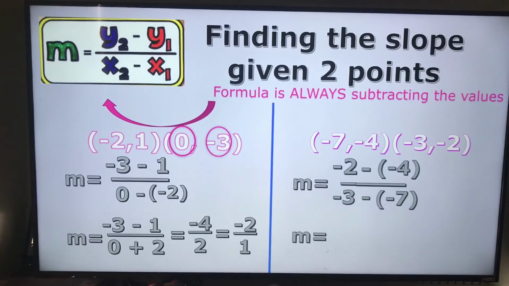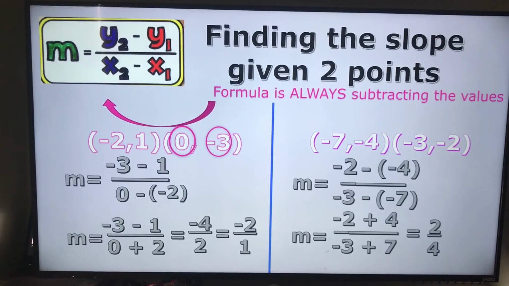So let's go rewrite it before we do any addition or subtraction. It's really negative 2 plus 4 divided by negative 3 plus 7. Ladies and gentlemen, this is why integers are so important. It's going to be in everything we do. Negative 2 plus 4 gives us a positive 2, and negative 3 plus 7 gives us, in fact, a positive 4.